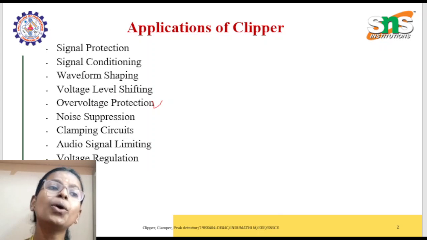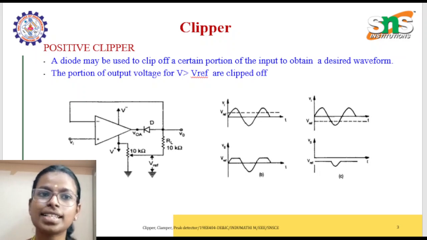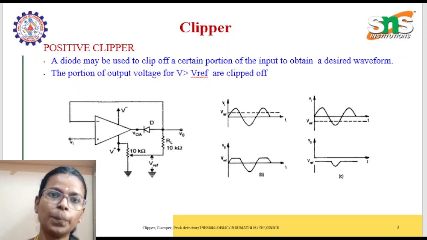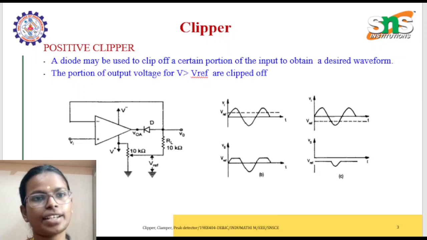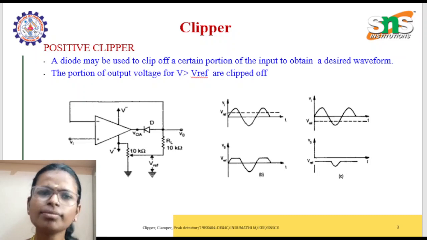Now we'll see what is the clipper. I've explained previously, right? A clipper is a circuit which is used to cut off the desired shape, depends on the shape. A diode may be used to clip off a certain portion of input to obtain a desired waveform. Here we are using a diode in order to clip the voltage.